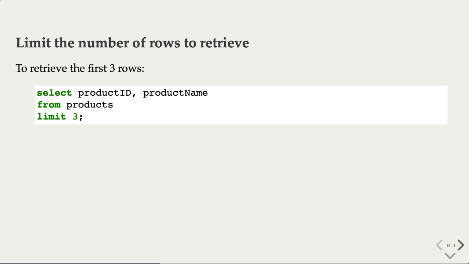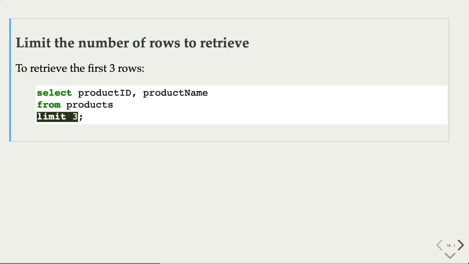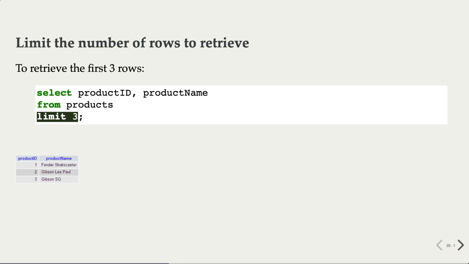We can use the keyword limit followed by a number to limit the number of rows we want to retrieve and see. So even though this select statement may return millions or even billions of records, the result will only show the first three. Okay, so this will retrieve the first three rows.